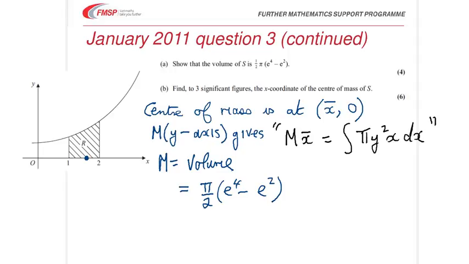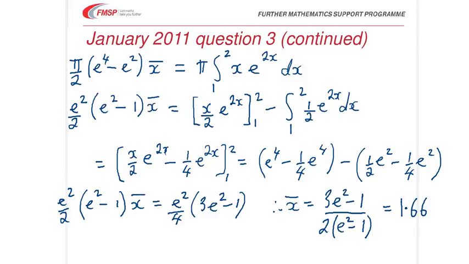So we've got the mass from the first part. It's the volume here. So all we have to do now is carry out an integral, and when we put the value of y in at the top here, the left hand side is m x bar, and this expression is pi the integral of y squared x dx.